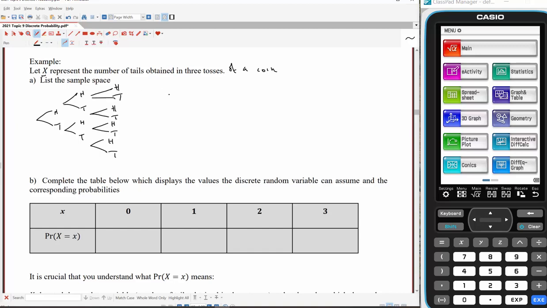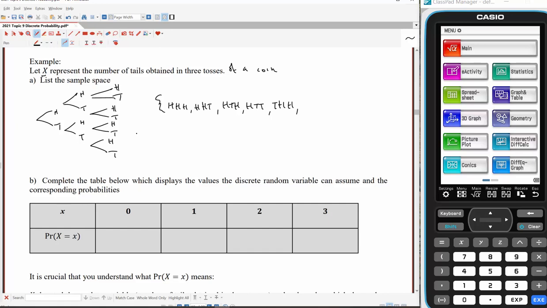Okay, so let's process the tree diagram so we can get head, head, head, head, head, tail. You might want to double speed me at this point. Head, tail, head. Head, tail, tail. Tail, head, head.